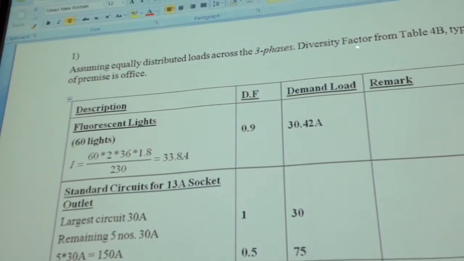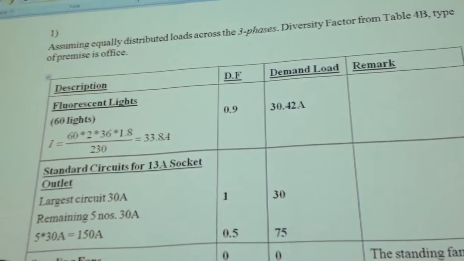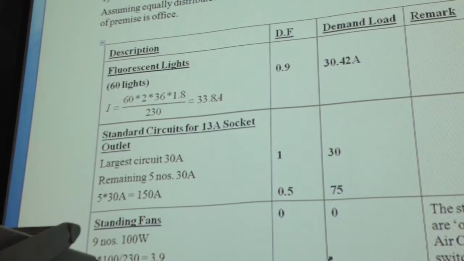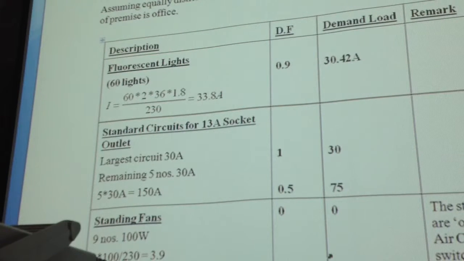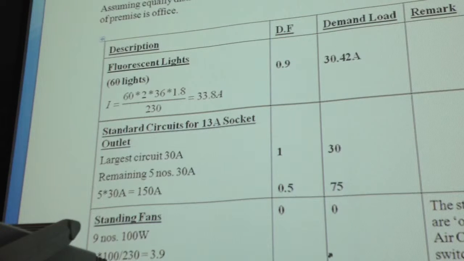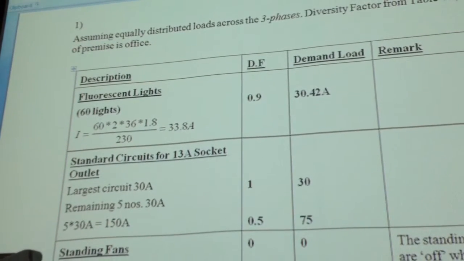Secondly, you explain that where you get this diversity factor from. It's also important because I mark some of the papers, the tutorial answers. Some of you assume it's a residential apartment because I use example of residential apartment, a household in the class. So you assume it is household also. Alright? So the moment you write it down, I want to get the table 4b, and where is this premise? Type of this premise.